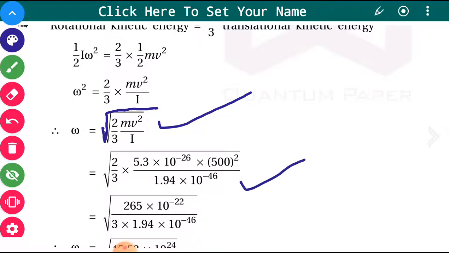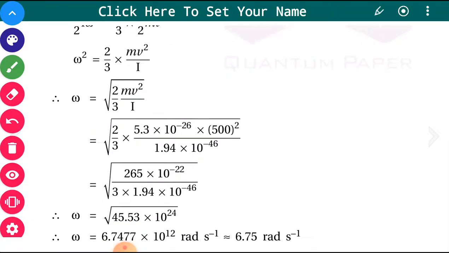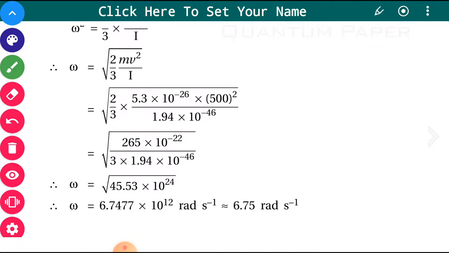Just put them in and simplify, adjusting the power to an even number so that its square root can be taken easily. Here you can see the power is adjusted accordingly. So 10 to the power 24, its square root will become 10 to the power 12, and the square root of 45.53 will be about 6.74.